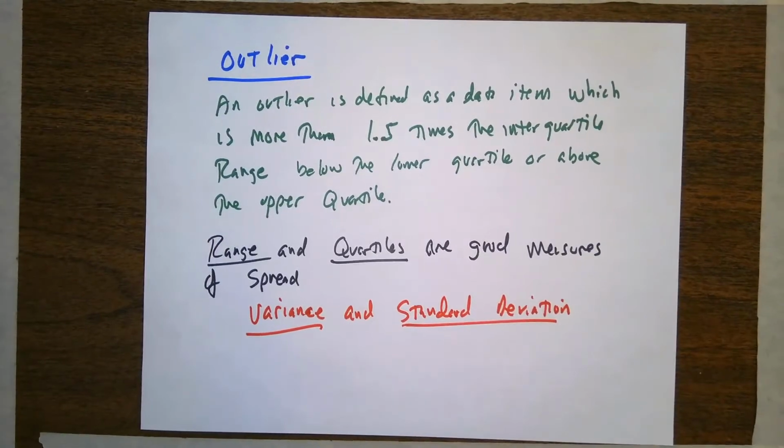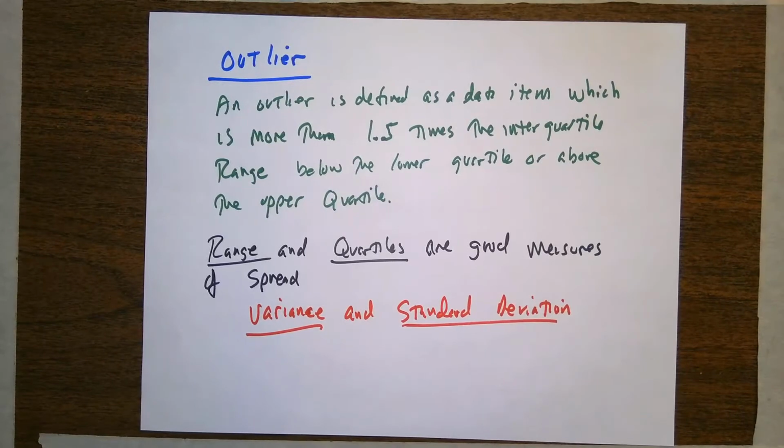Variance and standard deviation combine all the different data values in the data set, and they give a much better measure of the data spread about the mean, better than the range and the quartiles, even because they take into account the outliers. Standard deviation is a measure of how far, on average, each data value is from the mean.